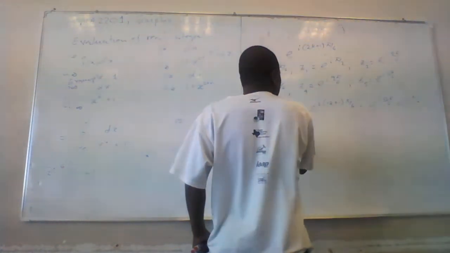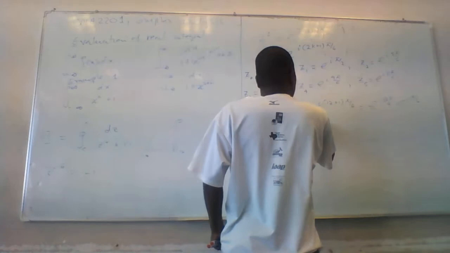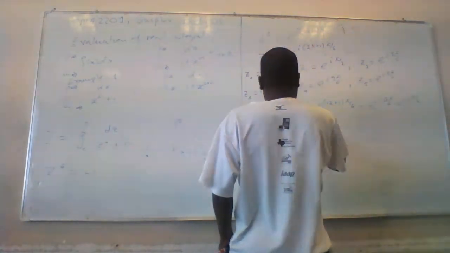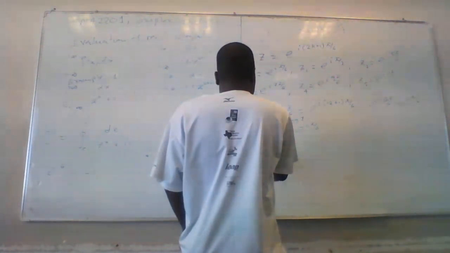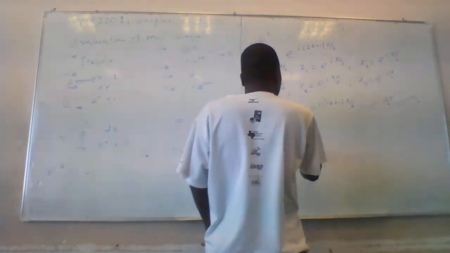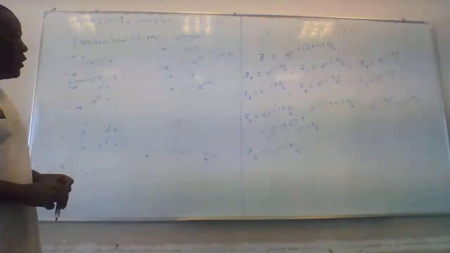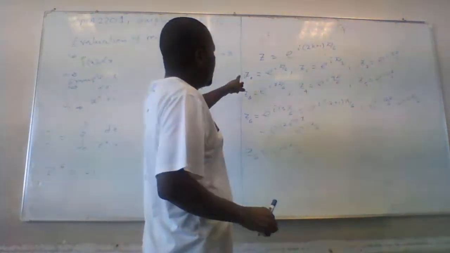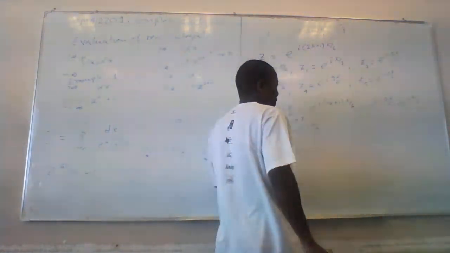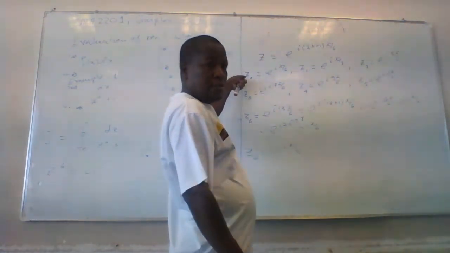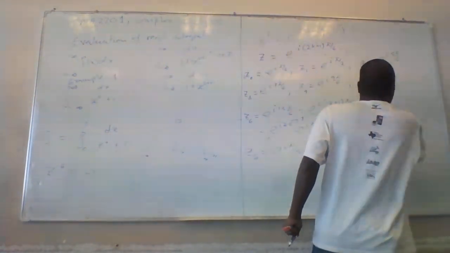This is nothing but e to the i 2 pi times e to the i pi over 6, and we know e to the i 2 pi is equal to 1. So z6 is equal to e to the i pi over 6, which is the same as z0. So you can see that there are 6 unique poles, z0 up to z5. z6 is just z0, z7 will be z1, on and on.